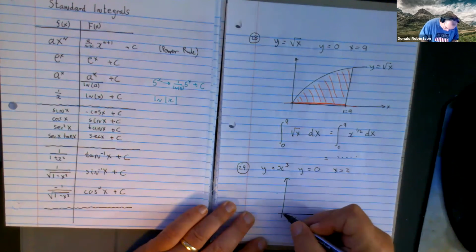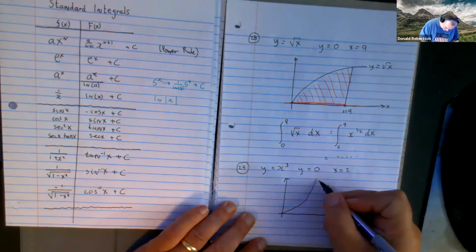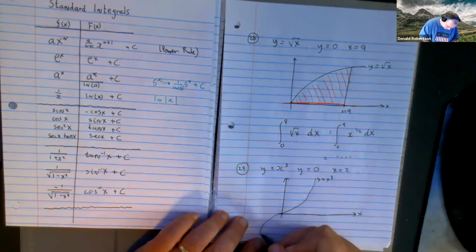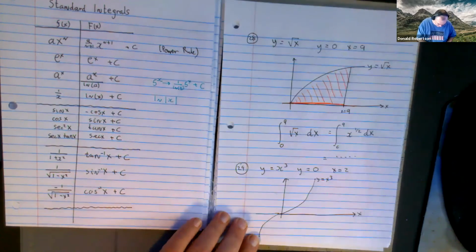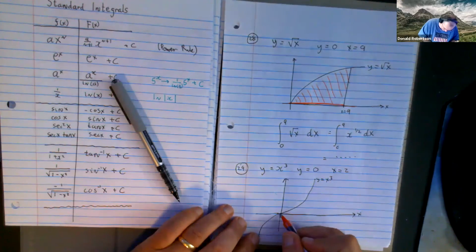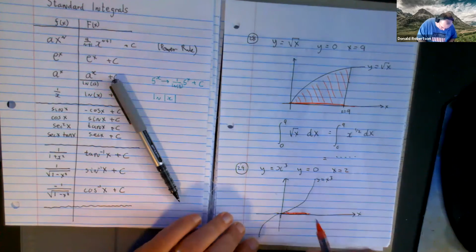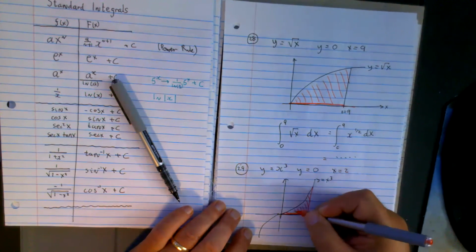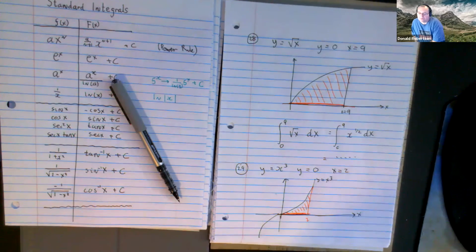Would you agree that y equals x cubed looks a bit like that? I mean, if you want to do the other side, it goes over there, right? y equals 0 is the x-axis, and x equals 2 would be about here.